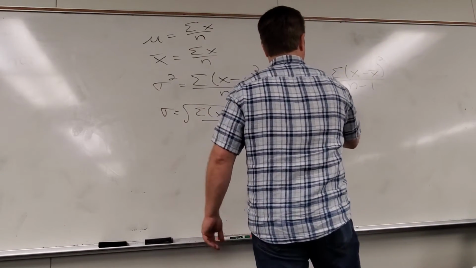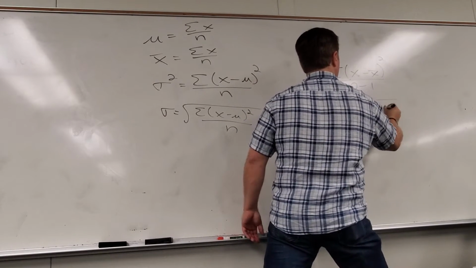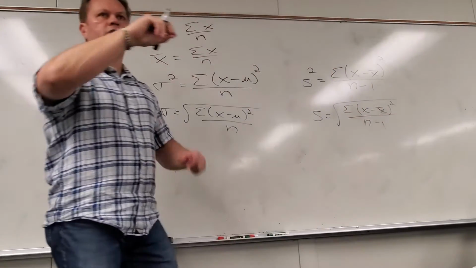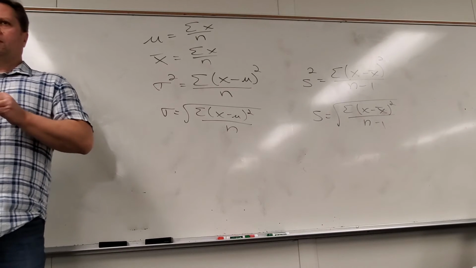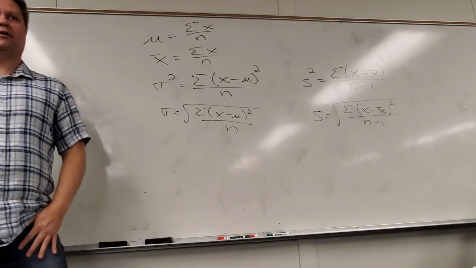And then I could write this if I want to, the big square root. So the n minus 1 is an adjustment because it's just a poor little sample. Okay. Hopefully these look familiar.